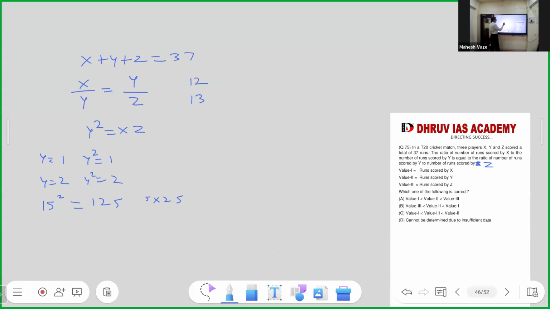So if y is 12, y square will be 144. Now for this, we have to find out factors of x and z. See 144, so the factors can be 1 and 144, 2 and 72, 3 and 48, then 4 and 36, 6 and 24, then 18 and 18, or 9 and 16.